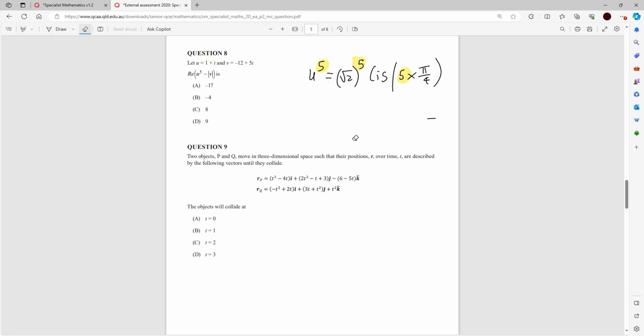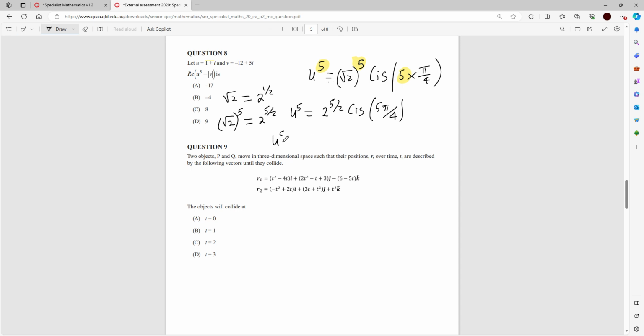Now I'm going to convert it back to Cartesian form. The square root of 2 is the same as 2 to the power of half, so the square root of 2 to the power of 5 is the same as 2 to the power of 5 on 2. So u to the 5 is 2 to the power of 5 on 2, cis 5 pi on 4.